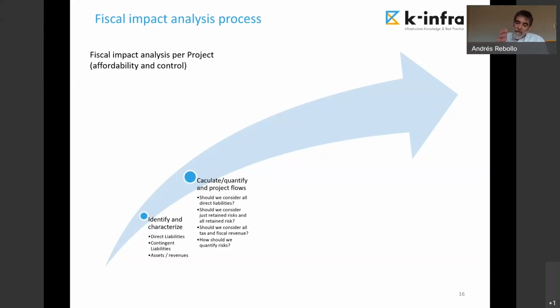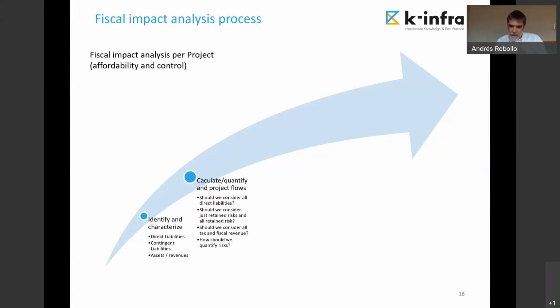So I have already the projections of the direct liabilities. I have already calculated that, but contingent liabilities require specific calculations that I need to do, and then I will project all the flows. So I calculate and I project all over the contract term.